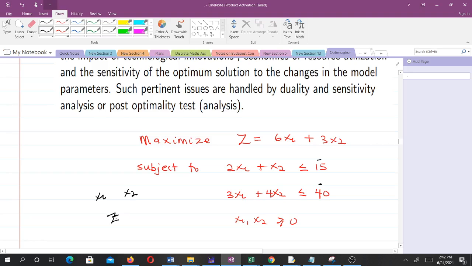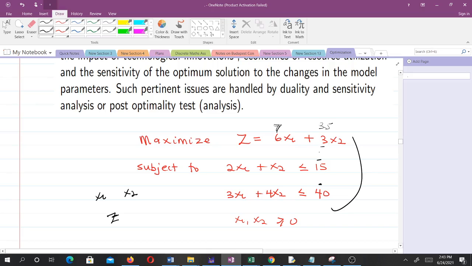But now there are changes. When you sell a product of x1, instead of getting maybe $6, now you're getting $7 here. Instead of getting $3, let's say you're getting $3.5 here. We would want to know if the solution we found using this model will still be optimal when we have 7 here instead of the 6 here, and 3.5 here instead of the 3 here.